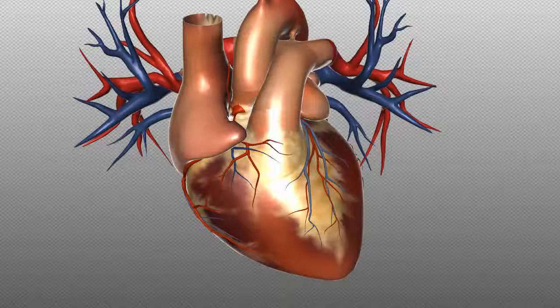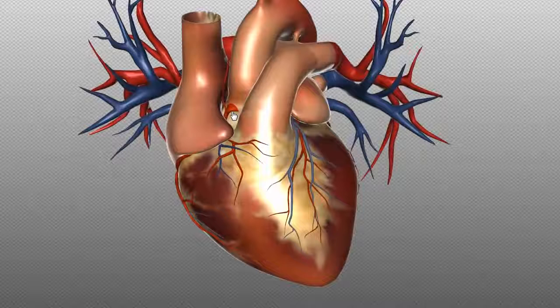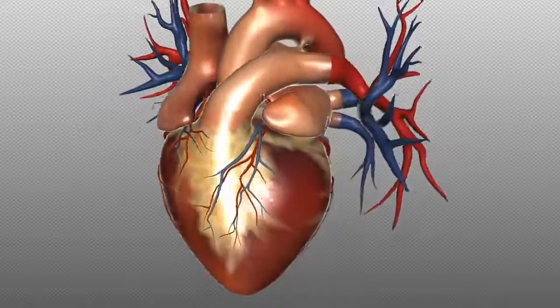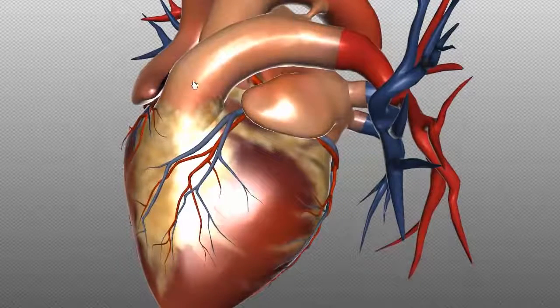At the base of the aorta, just after the aortic valves, you've got two branches which come off: the right and left coronary arteries. Here you can see the right branch coming from the base of the aorta, and the left branch, which is slightly hidden under the pulmonary trunk.